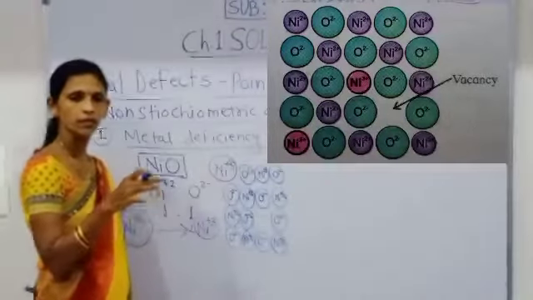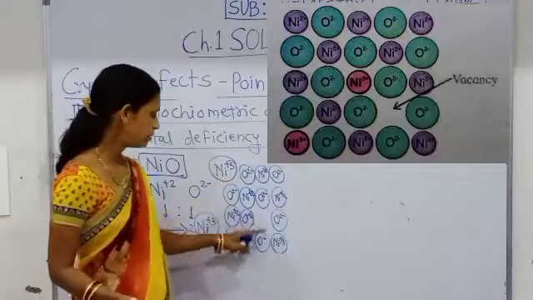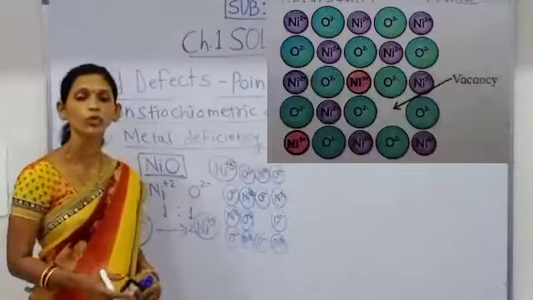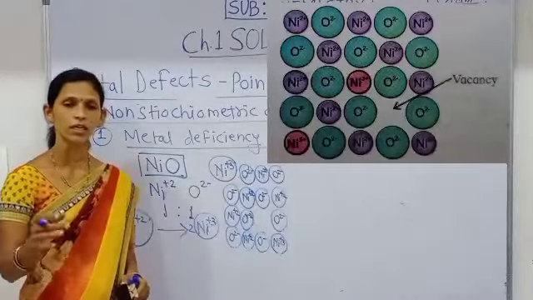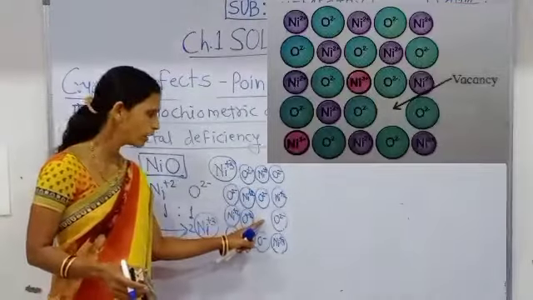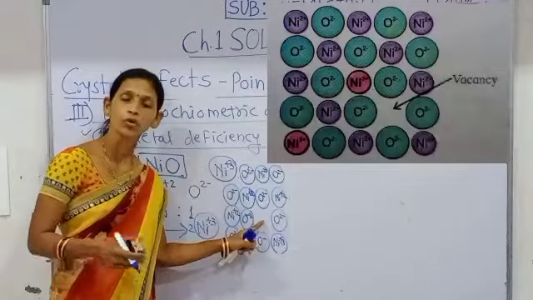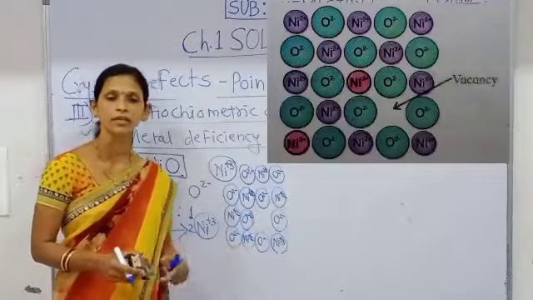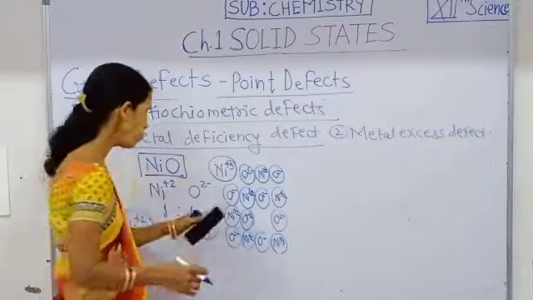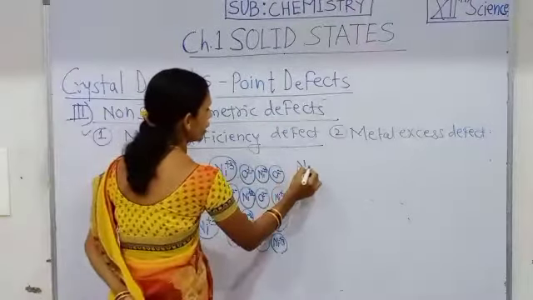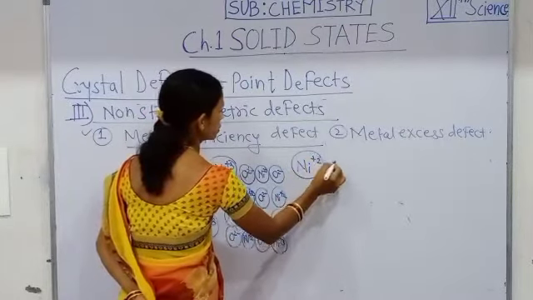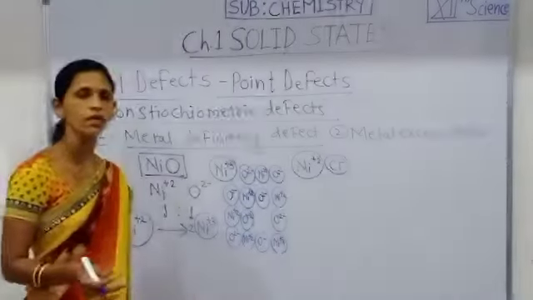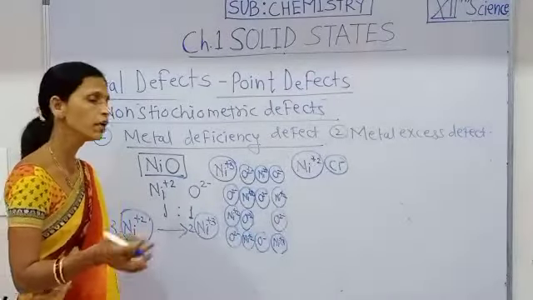To maintain electrical neutrality, one more site produces a vacancy, and therefore one of the Ni2+ ions is missing, creating the vacancy on another site. And here the chemical composition, that is the ratio of cation to anion, changes in the chemical compound.